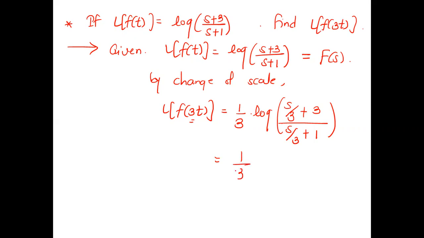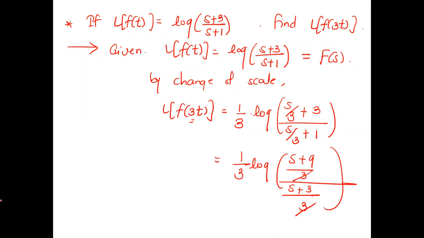So it is 1 by 3 log, just cross multiply: s plus 9 whole upon 3, upon s plus 3 whole upon 3, where 3 gets cancelled. So it is 1 by 3 log of s plus 9 upon s plus 3 is the answer.